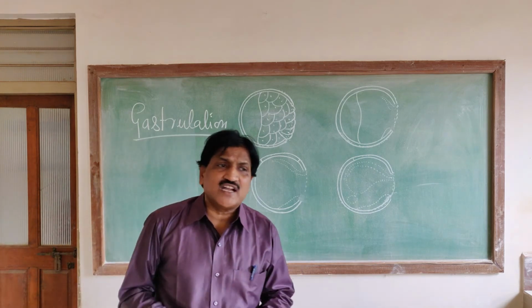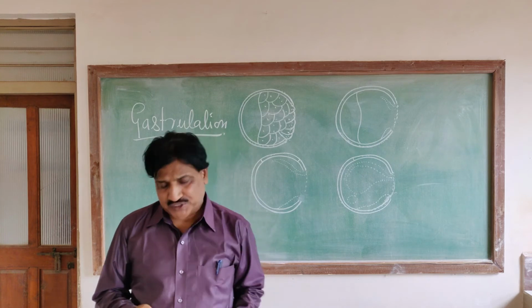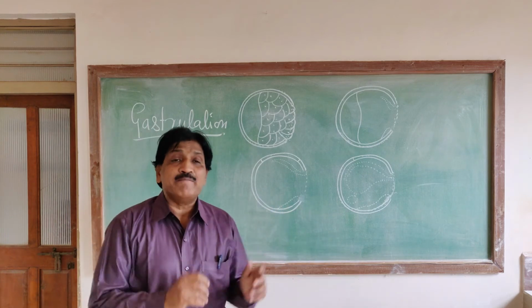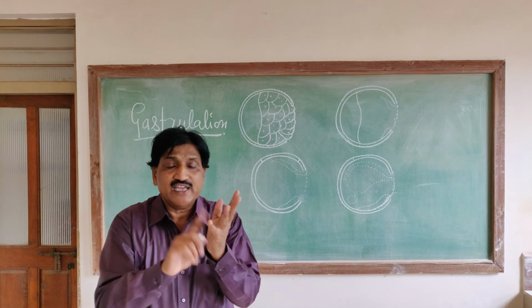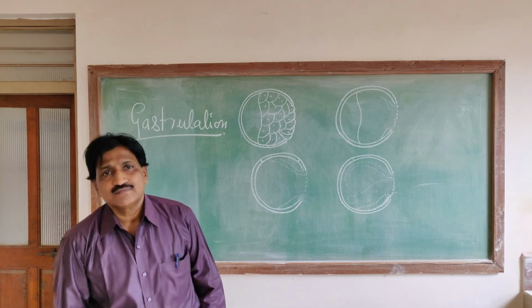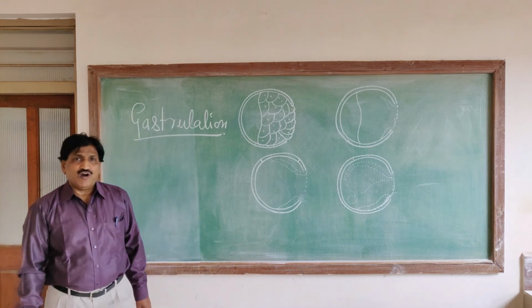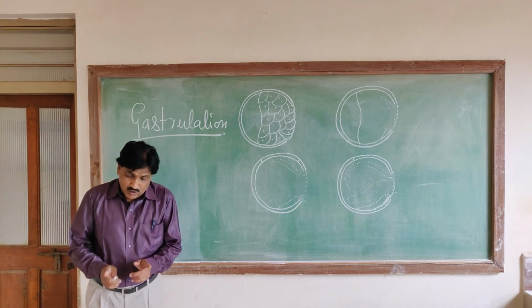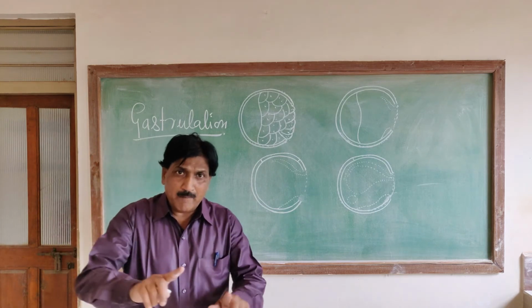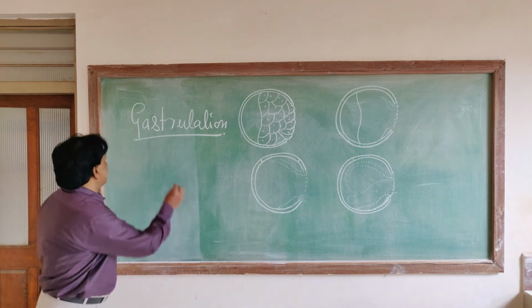In some cases, the gastrula is made up of 2 germ layers, whereas in amphibians it is made up of 3 germ layers: ectoderm, endoderm and mesoderm. Conversion of blastula into gastrula is called gastrulation.